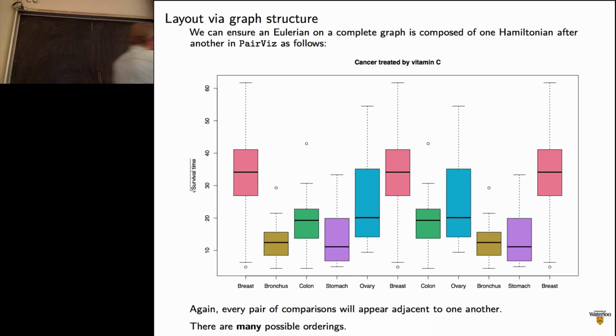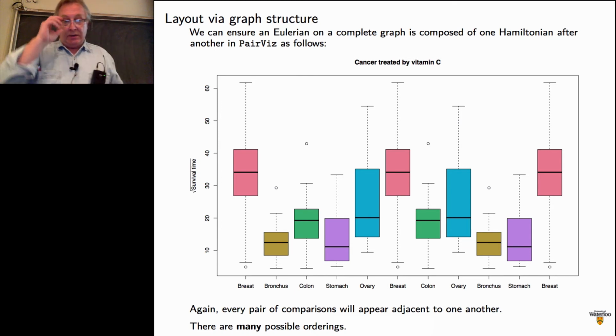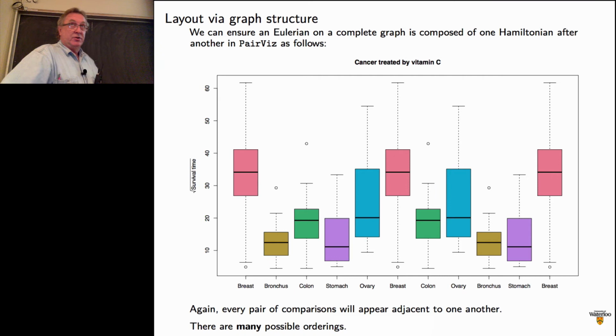Okay? So, need to pick up where we left off last day, and last day we were looking at comparing several distributions at once. And you recall that we were using graph structure to describe which comparisons were of interest and which were not. And we had introduced some basic graph theory concepts, graphs being objects that have vertices and edges connecting vertices.